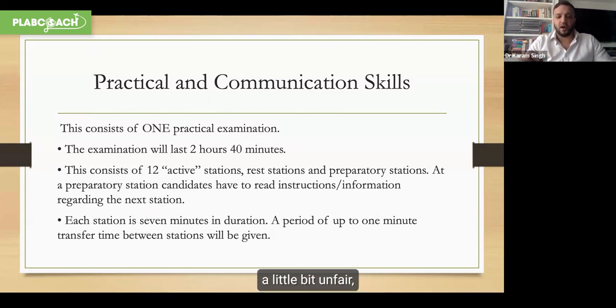This is why I find this a little bit unfair, because 1 minute doesn't seem like a long period of time to move from one task to the other, but unfortunately that's all the time that you have. You have to use that 1 minute to read the task in as much detail as you can. You will have a copy of the task in the next station for you to read again if you don't have enough time.